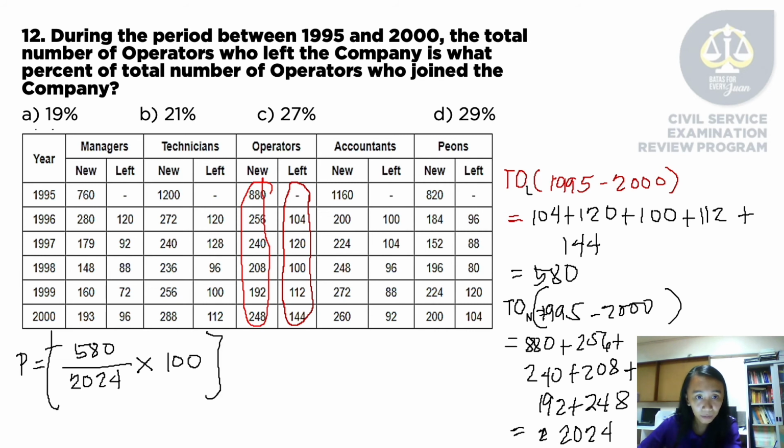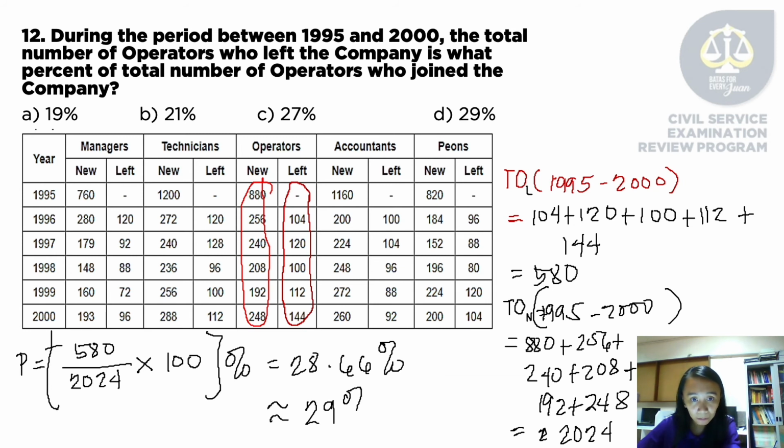So that would be equal to 28.66%, or approximately 29%. Okay, so this is our final answer. That is the percentage of operators who left the company against the total number of operators who joined the company. So the answer is letter D.